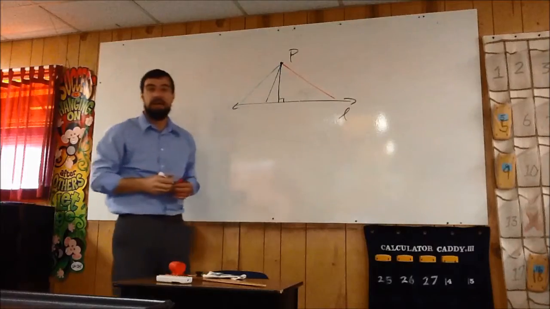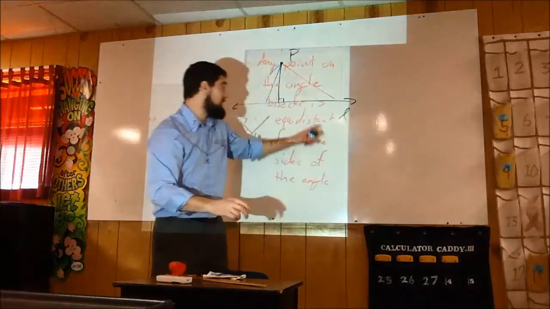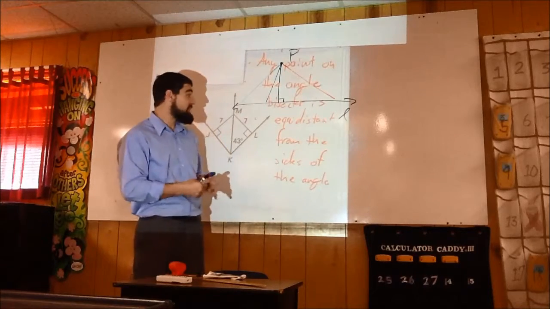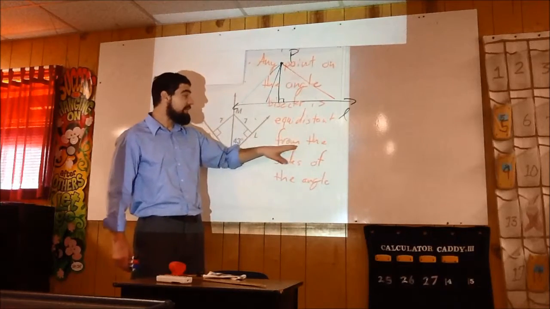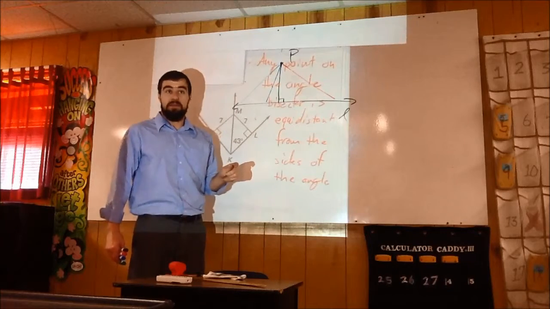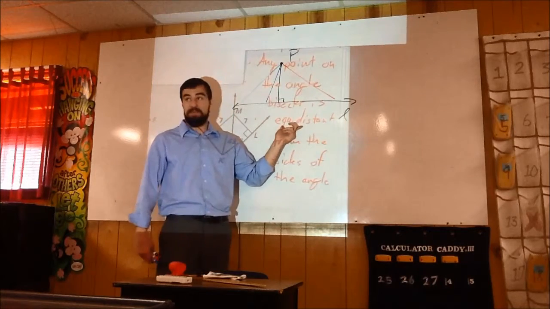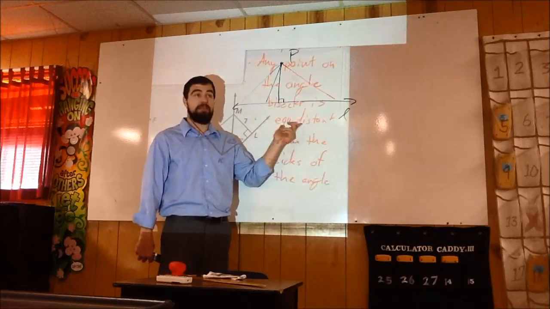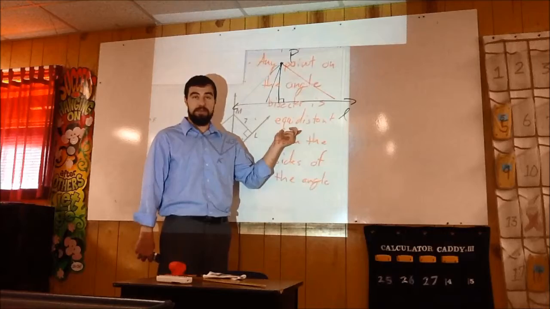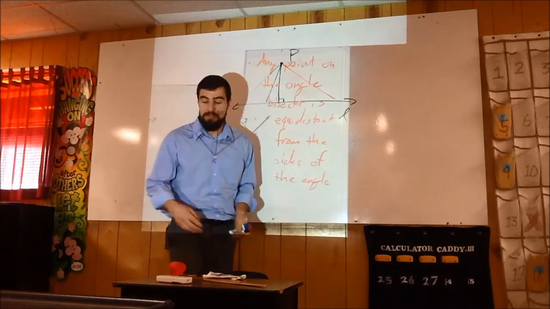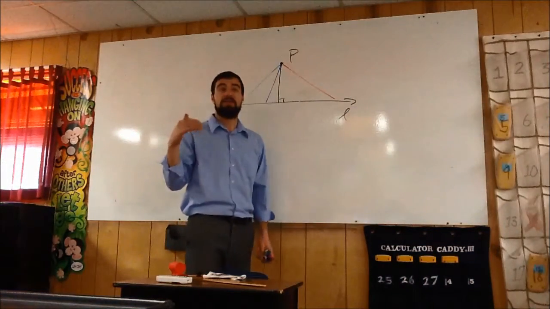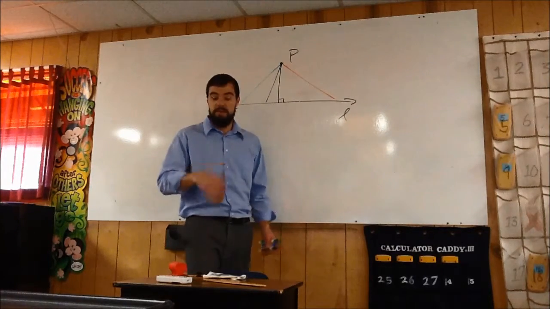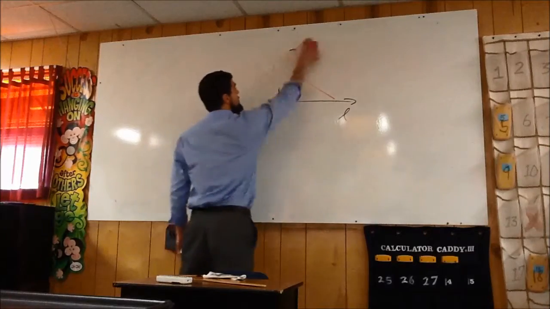So when you wrote at the top of the page that a point on an angle bisector is equidistant from the sides, you have to know that distance is the perpendicular distance. If you don't know that it's the perpendicular distance, then you cannot conclude that the point is on the angle bisector.